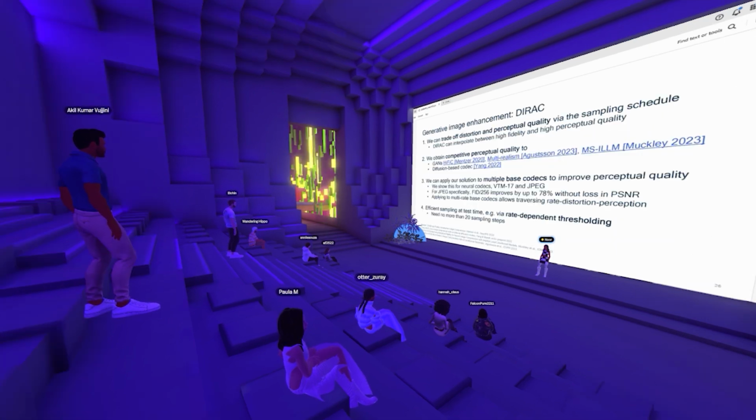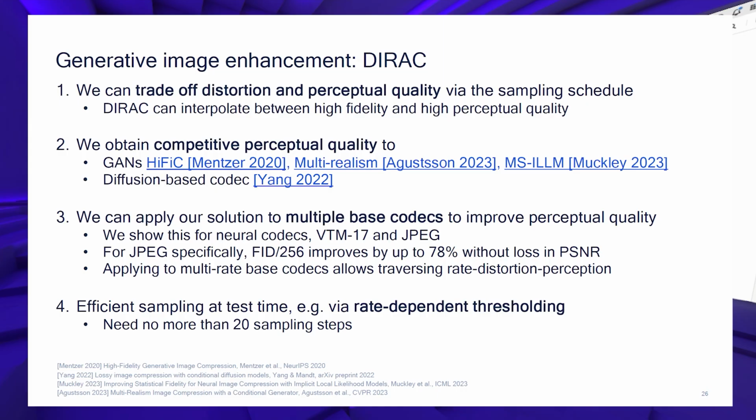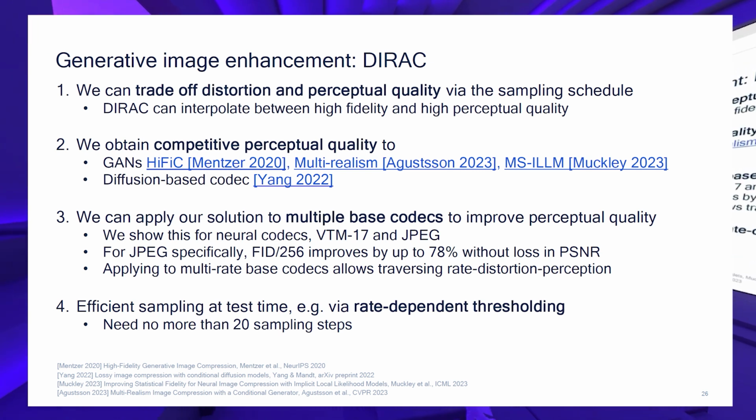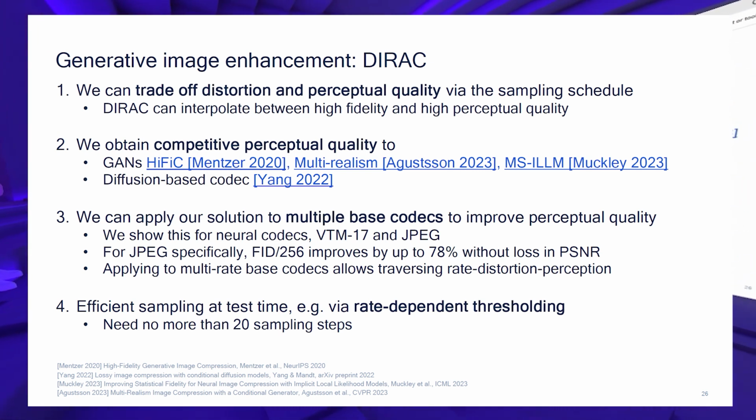So, coming to some top results from our paper, we show this trade-off between fidelity and perceptual quality using the diffusion model's sampling schedule. We have top competitors. You might have heard about a lot of GAN-based methods, generative adversarial networks. They also do quite well in the space that we are looking at, and we obtain competitive quality compared to these papers. We show that we can apply our solution to multiple codecs.